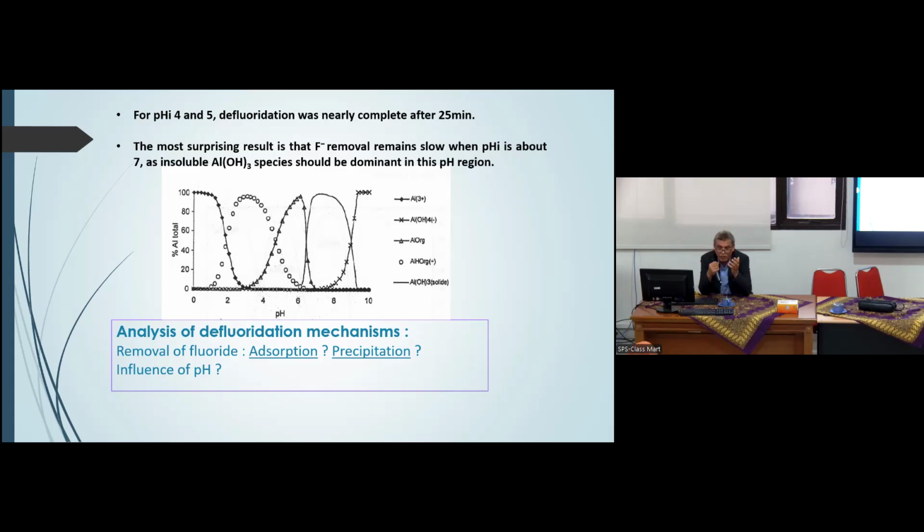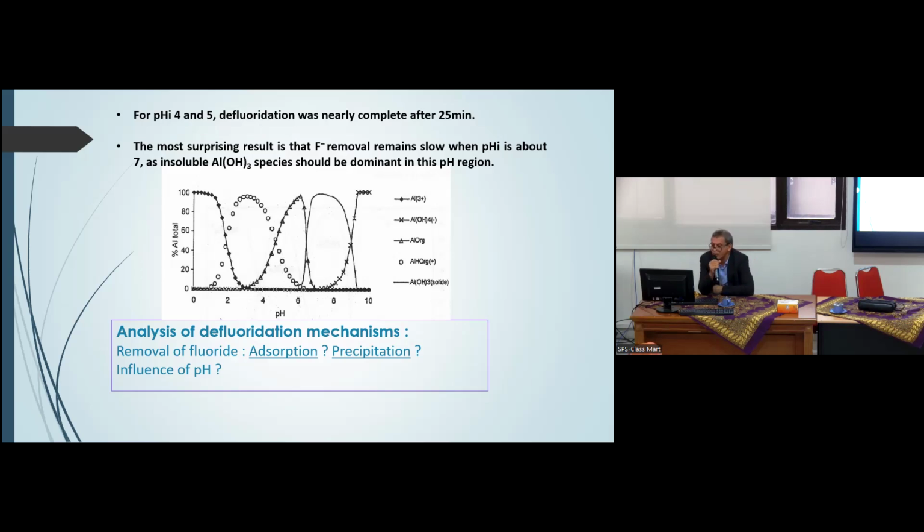It's surprising because we expect that insoluble hydroxide species should be dominant in this region, pH 7, and this hydroxide absorbs the pollutant. But surprisingly, why is pH 4 better?